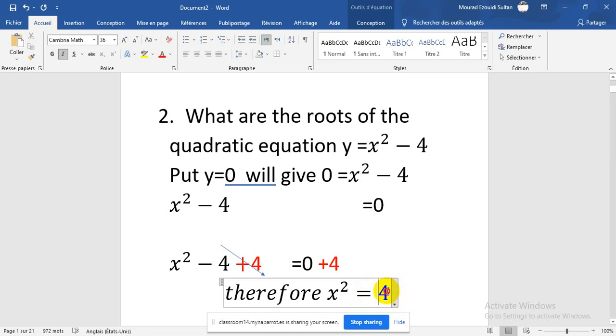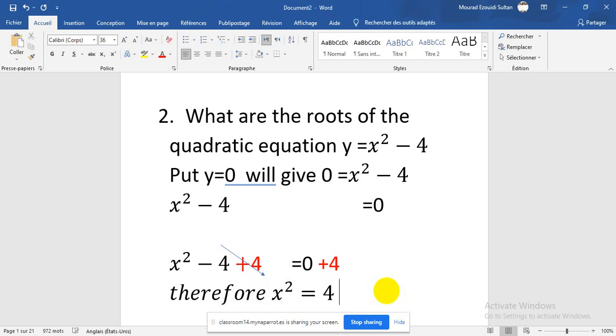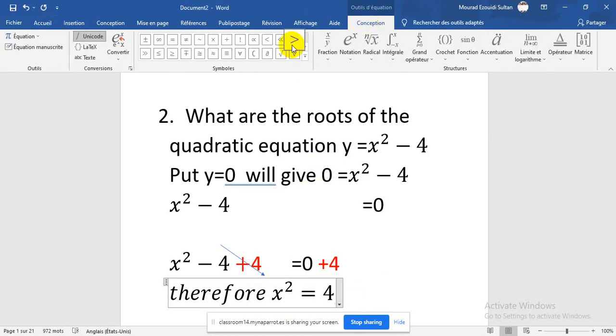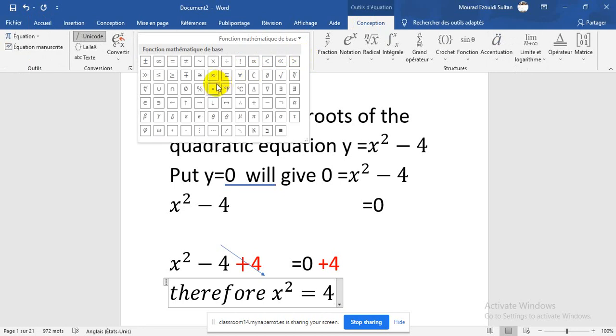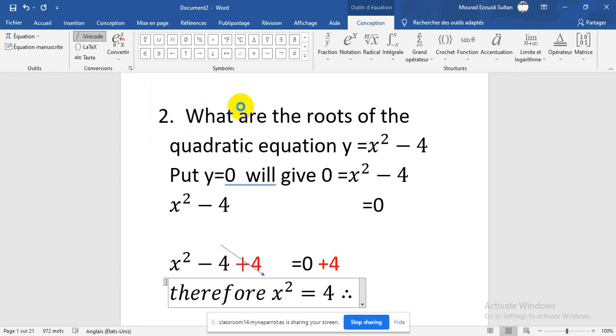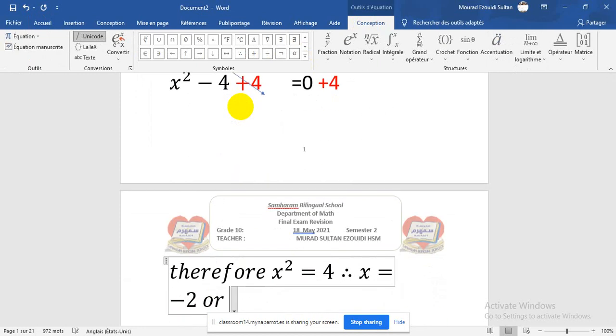Therefore x equals negative 2 or x equals 2. These are the roots of my quadratic equation. Clear?